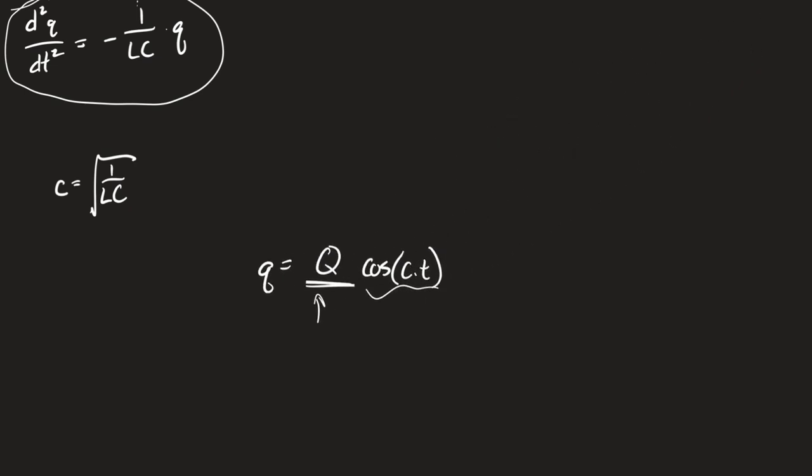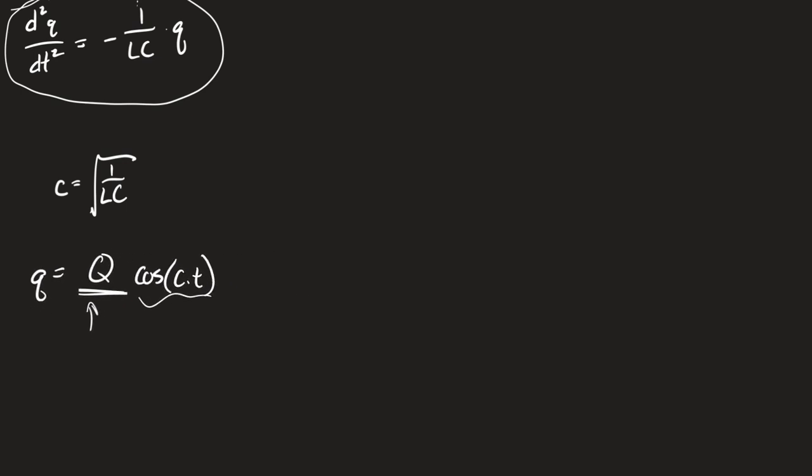This is our answer: Q as a function of time for our circuit, focused just on the capacitor. C here, we have set equal to the square root of 1 over LC to fit our pattern, so that when we get our second derivative, we get C squared as the constant that pops out.